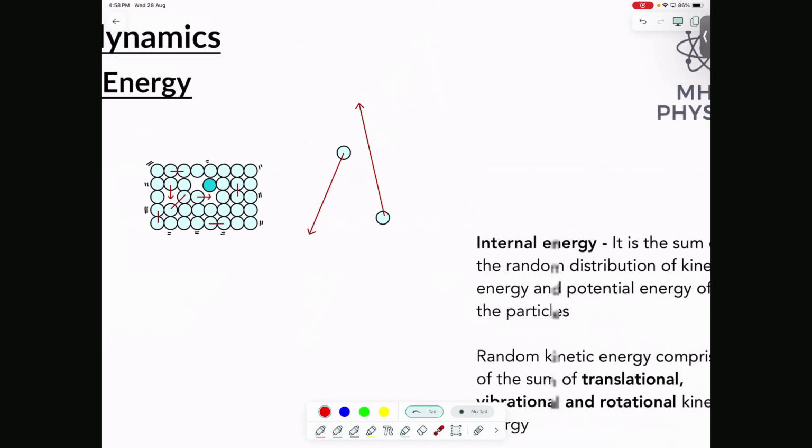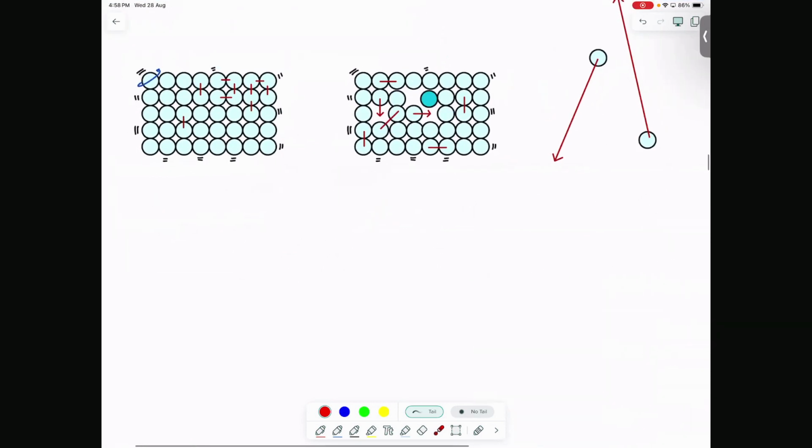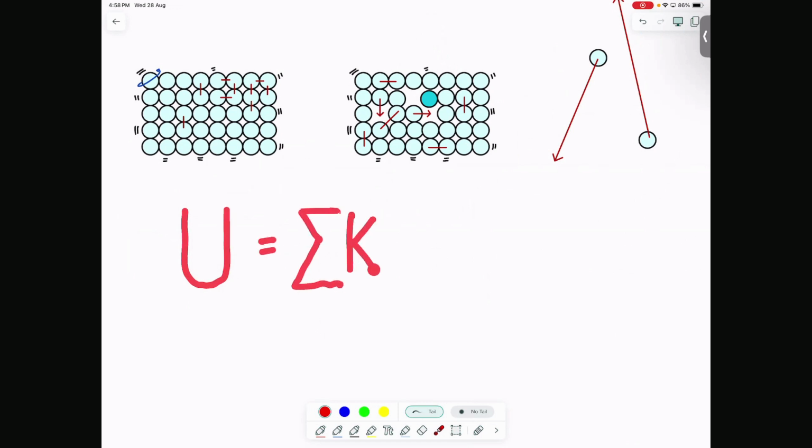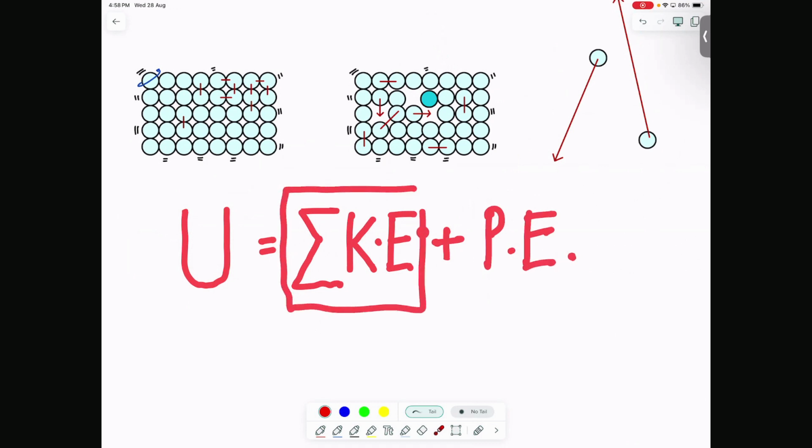So eventually, internal energy, which is given by the symbol U, is equal to what? The sum of all K plus, what is it? The potential energy. Now, why do we put the sum of all K? Because what are the different Ks that we have?